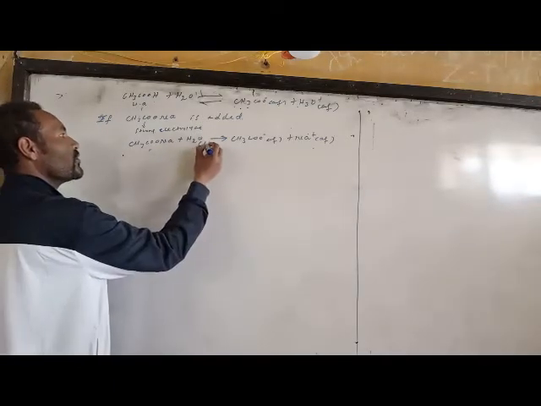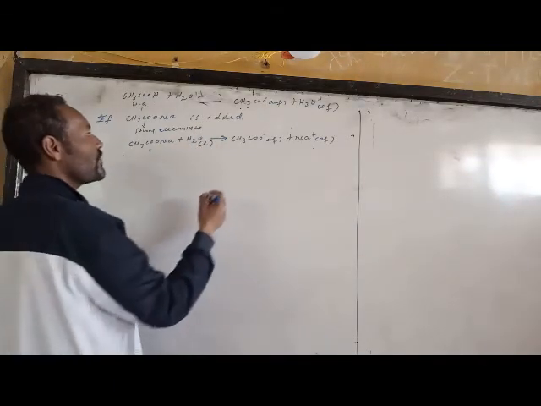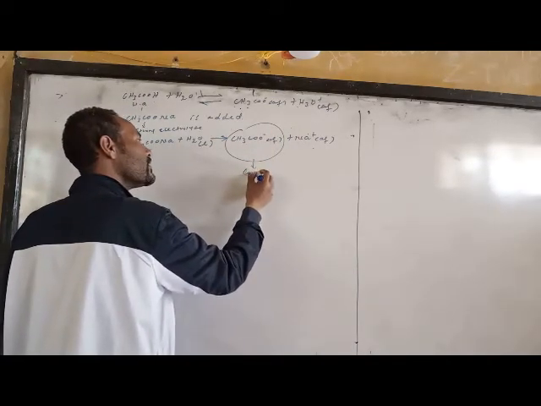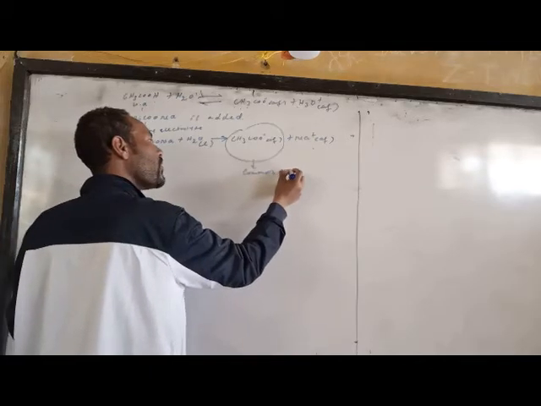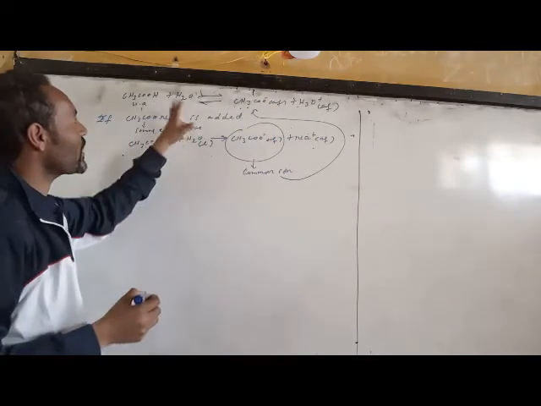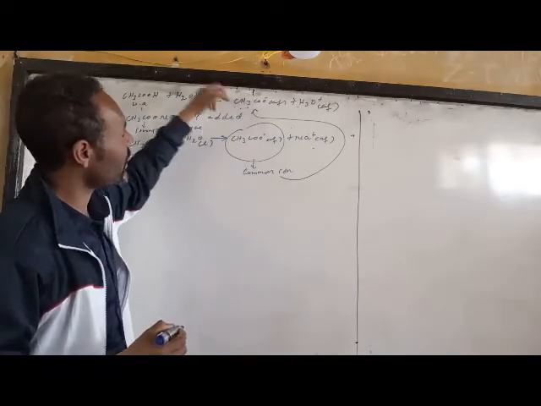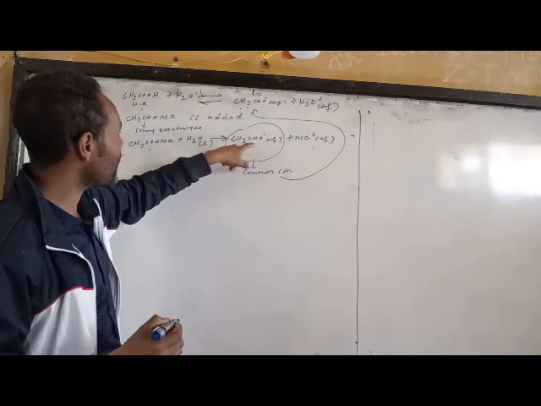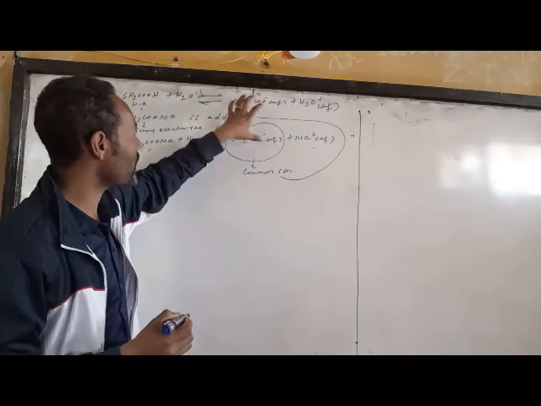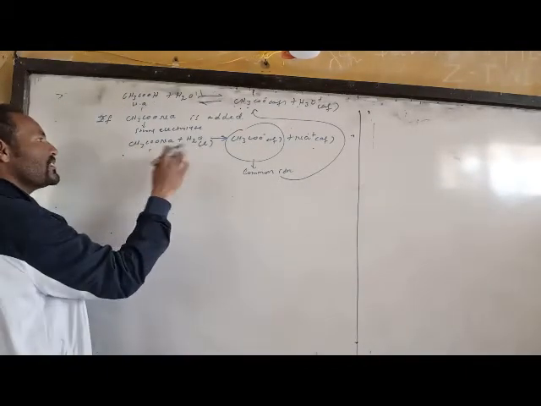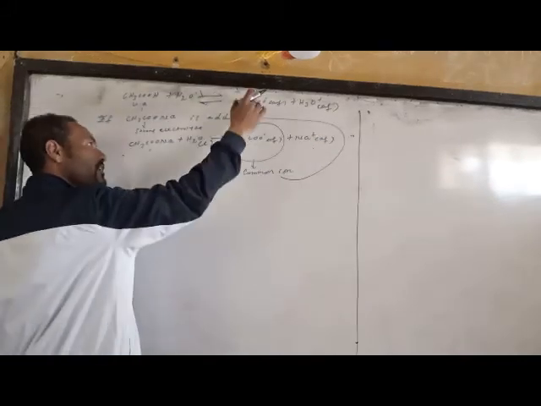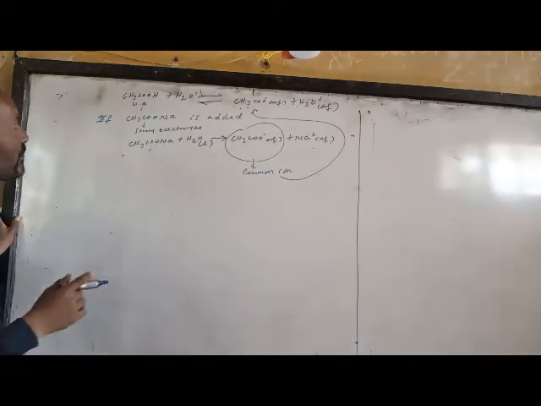So this sodium acetate will create the acetate ion, which is a common ion. This is a common ion because this ion is found in the original chemical equilibrium. So look, there is acetate ion in the equilibrium, and there is acetate ion which is found in the solute, sodium acetate. So when sodium acetate is added, automatically it produces acetate ion, and this acetate ion will affect the concentration of the acetate ion in the original chemical equilibrium.